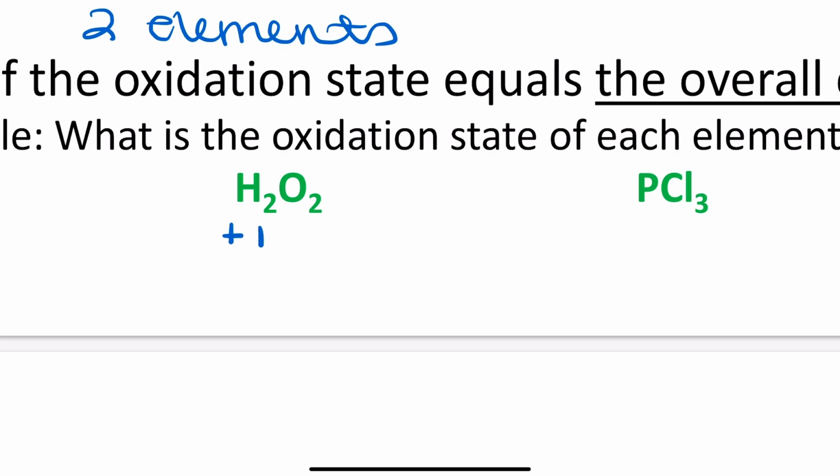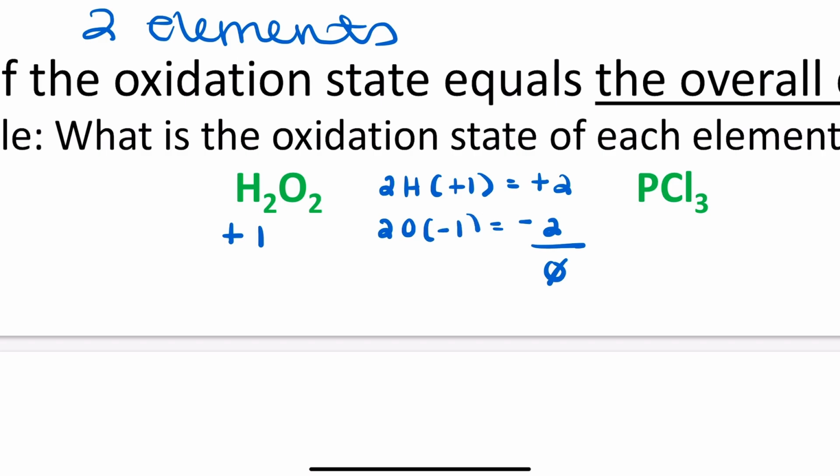Peroxide will have a +1 charge for the hydrogen. So I've got 2 hydrogens at +1, giving me an overall +2 state. That means my 2 oxygens have to give me a -2 to be a 0 charge. So each of my oxygens must be a -1 charge. A little bit different than what we've learned and doesn't follow the trend, but again, it's because hydrogen just cannot give me more than 1 electron. It doesn't have them.